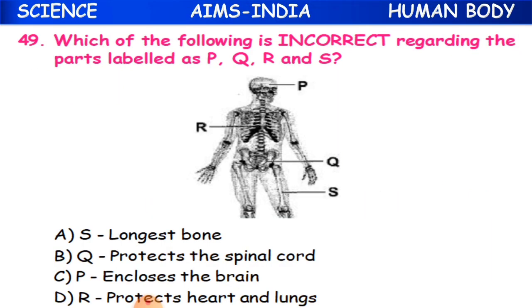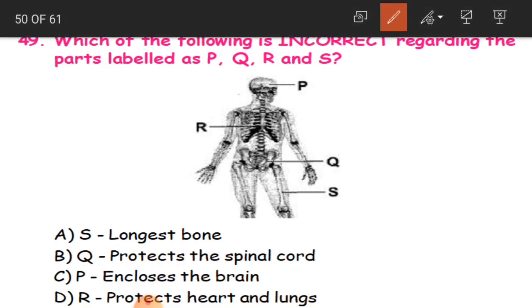Now 49th question. Which of the following is incorrect regarding the parts labeled as P, Q, R and S? See, children, again you have a picture of a human skeleton, with some parts labeled P, R, Q and S. We have to identify the incorrectly labeled part. S is the longest bone.